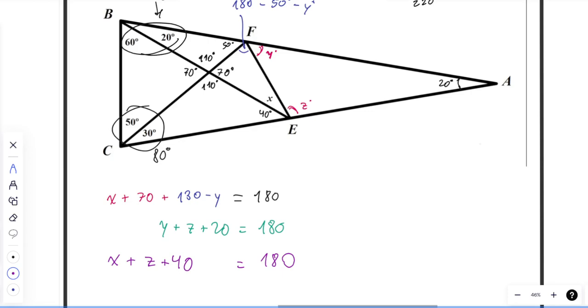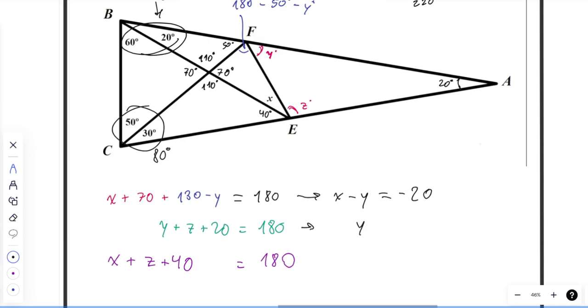So it's just a system of three equations, and I already see that I can simplify the top one. This could become x minus y, and then this groups up to 200, which I can move to the other side and become negative 20. X minus y equals negative 20.